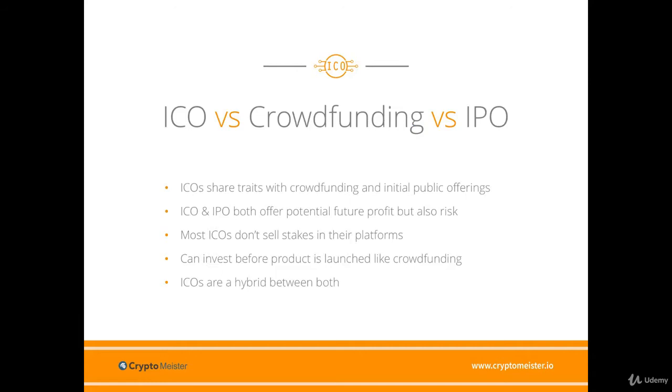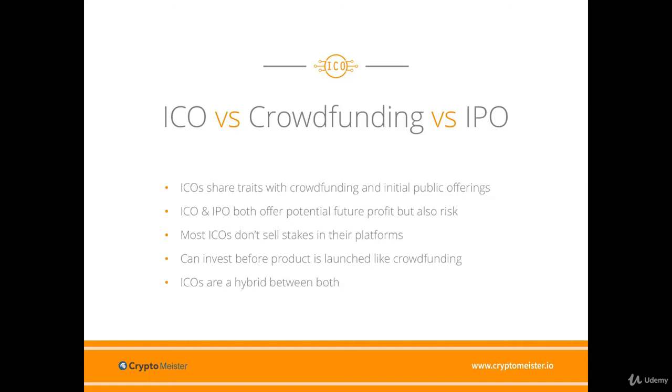ICOs share common traits with both crowdfunding and IPOs, to which they are often compared. But to some extent, they are more of a hybrid of the two. ICOs and IPOs, or initial public offerings, both offer their investors potential future profit, but also potential risk and failure.